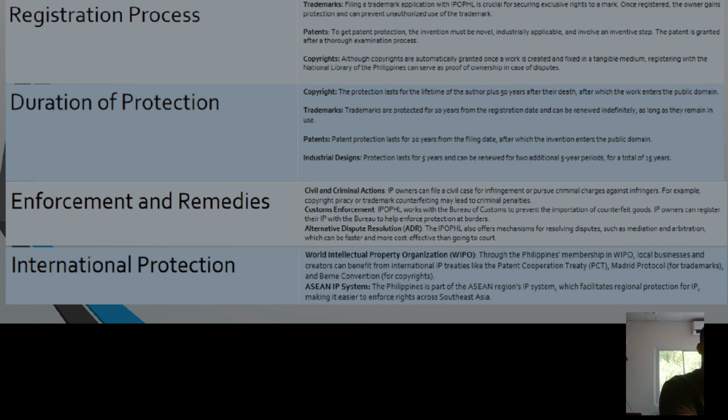So it is really secured if you include your innovation or invention in the IPOPHL.